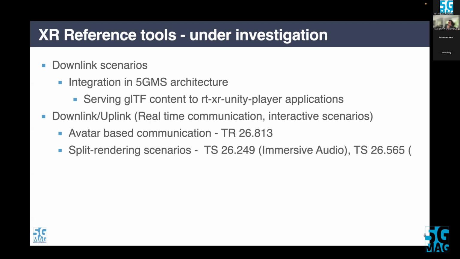What I am looking into at this point is the implementation of downlink scenarios integrating with 5G media streaming architecture, serving glTF content to the RT XR Unity player application. That will raise interesting issues, for instance, how will the video texture and audio sources be played? I look forward to exploring this.